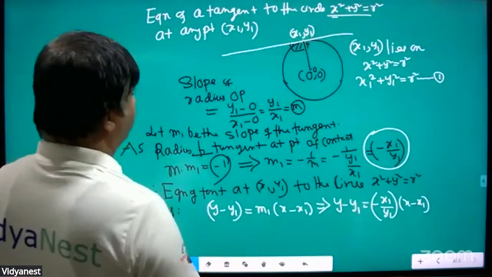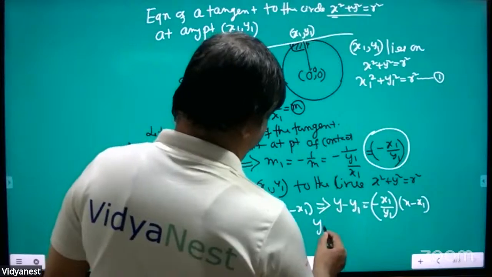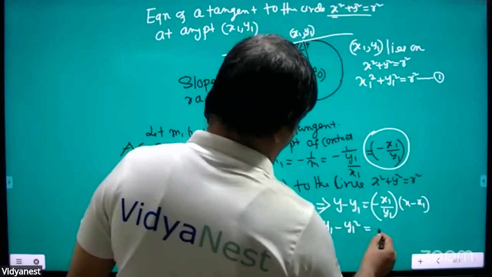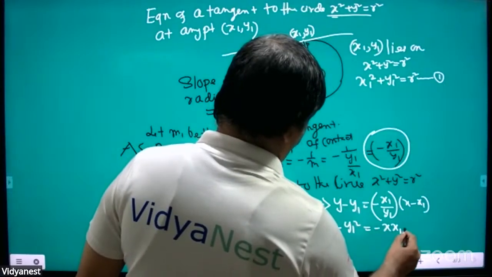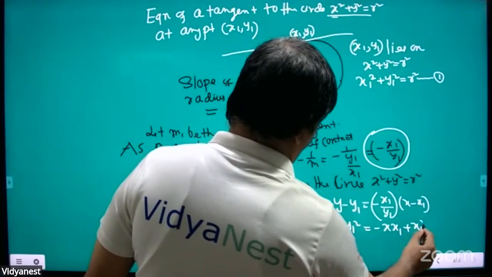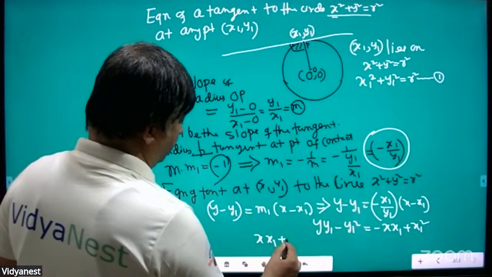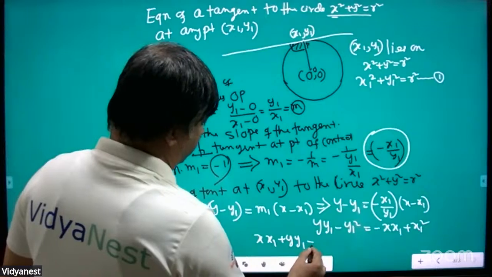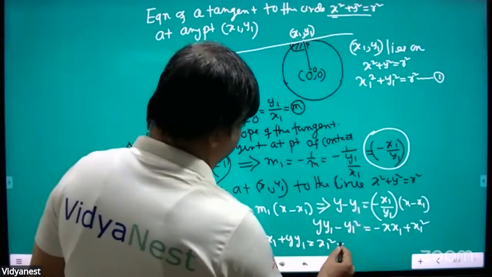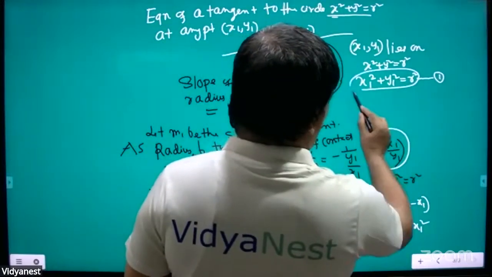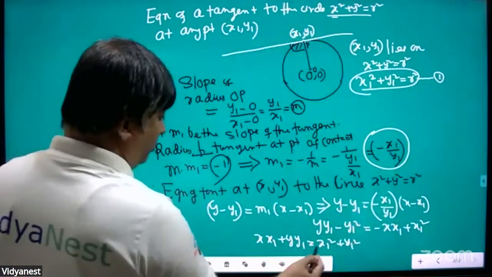Cross multiply. So what is x1 square plus y1 square? From 1 you drag the value. Put here.